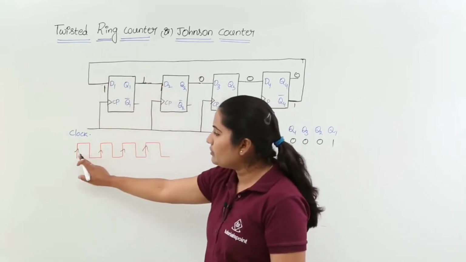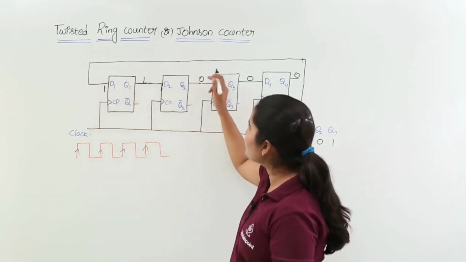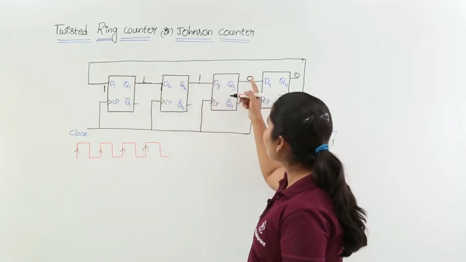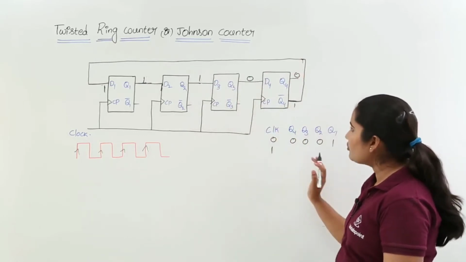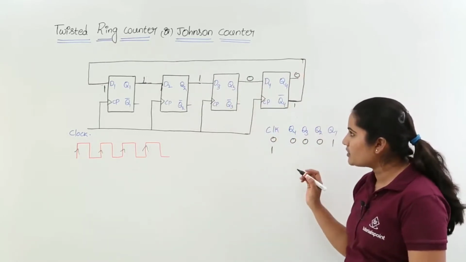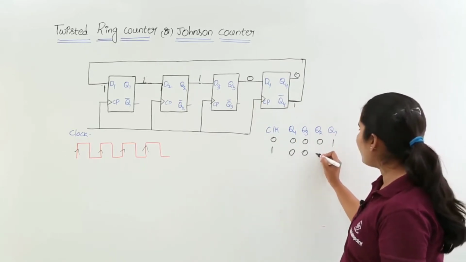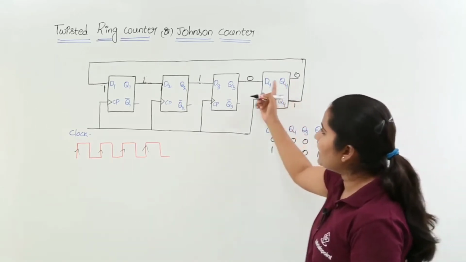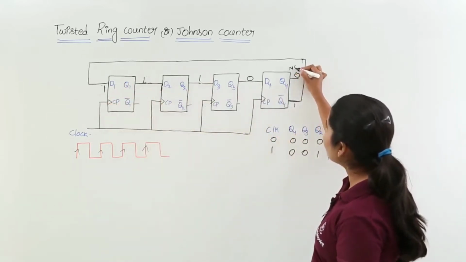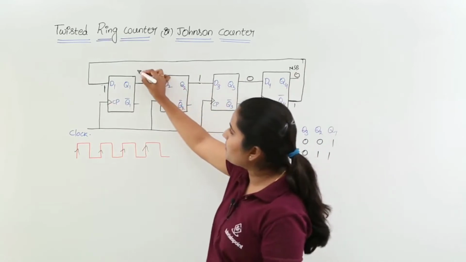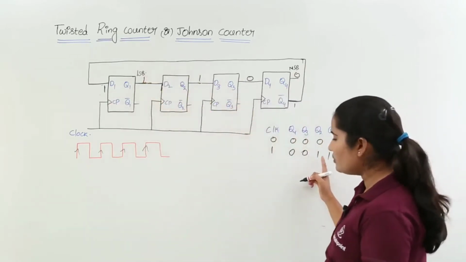So the output is now 0, 0, 1, 1. Write it in this direction, as I always say MSB is this side and LSB is this side.